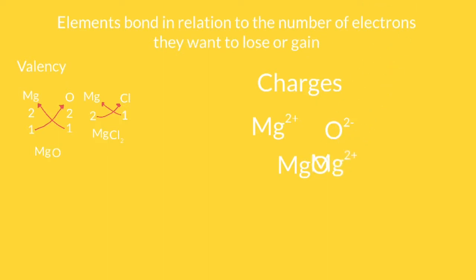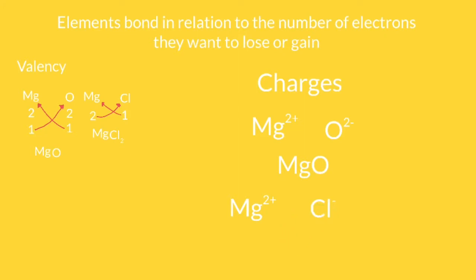However, if we look again at the example of Mg and Cl, well, Mg is Mg2+, as we said, a 2+ ion, whereas the chloride ion is generally Cl-. So to cancel out the 2+, you would need 2 of these Cl-, because if you have 2 Cl-, overall that would be 2-.